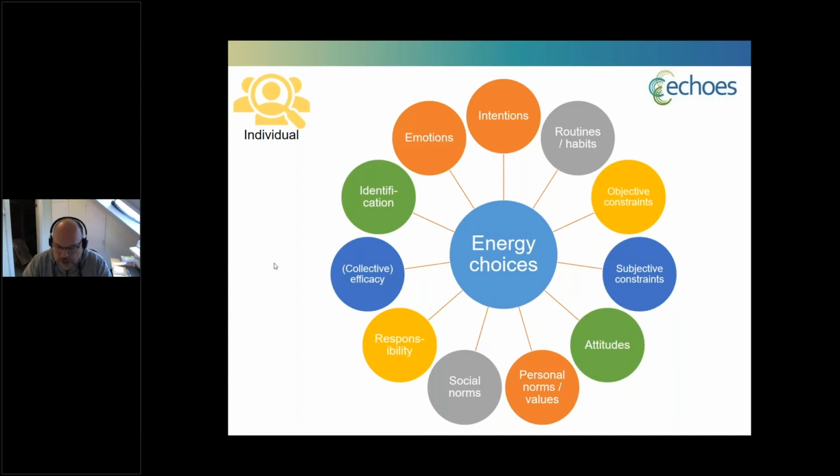Collective efficacy is especially interesting: what can we achieve together as a group of people, as the citizens of a certain town, or as Europeans, for example? But they are also affected by what they identify with, who they want to be, which group they want to belong to. That strongly affects which choices people take, and this impact usually goes through emotional reactions.